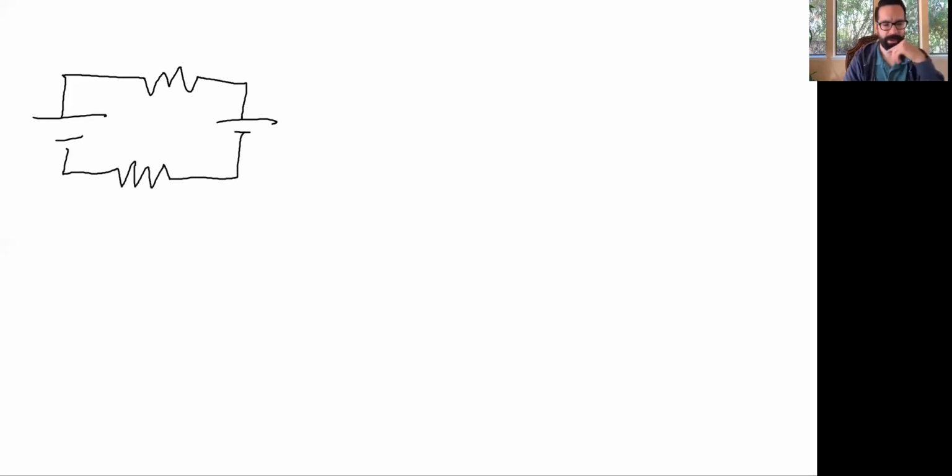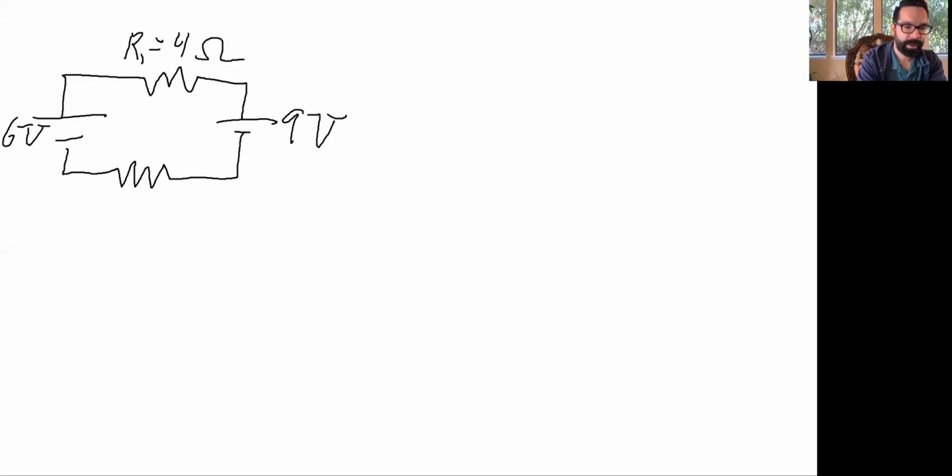Okay, so a little harder here. This is going to be a 9-volt battery on this side. The right side is going to be 6 volts. The top, I'm going to call this R1, and R1 is 4 ohms. And on the bottom here, call that R2, and that is 2 ohms.